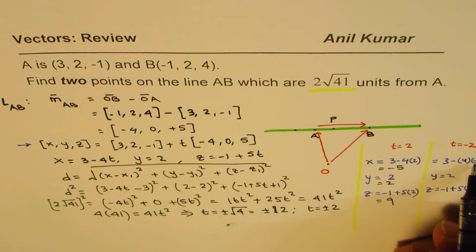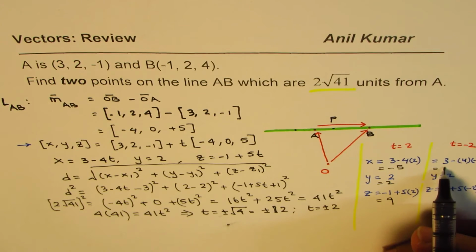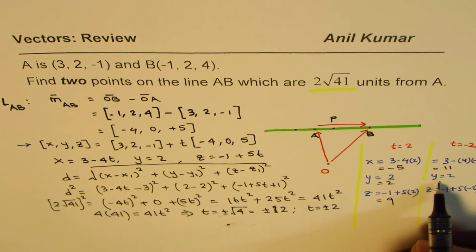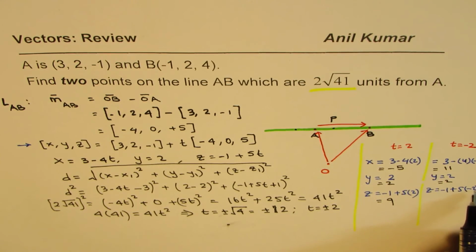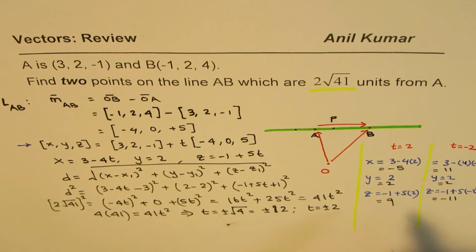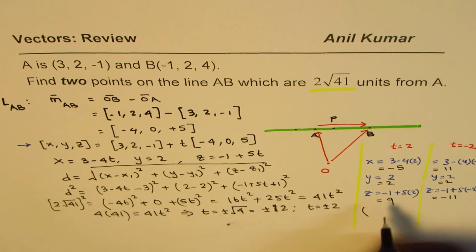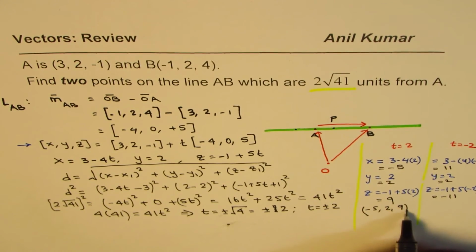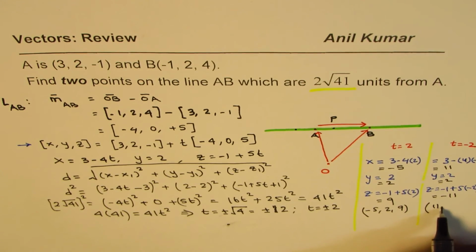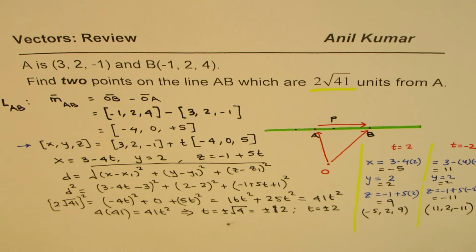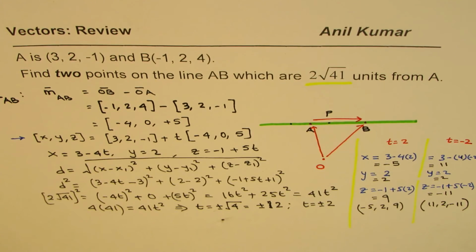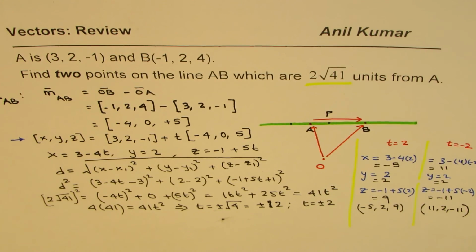Minus minus makes it plus, so 8 plus 3 is 11, y is 2, and z is -11. So we get 2 points. The points are (-5, 2, 9) and the other point is (11, 2, -11). That is how you can find 2 points at a given distance away from one point.